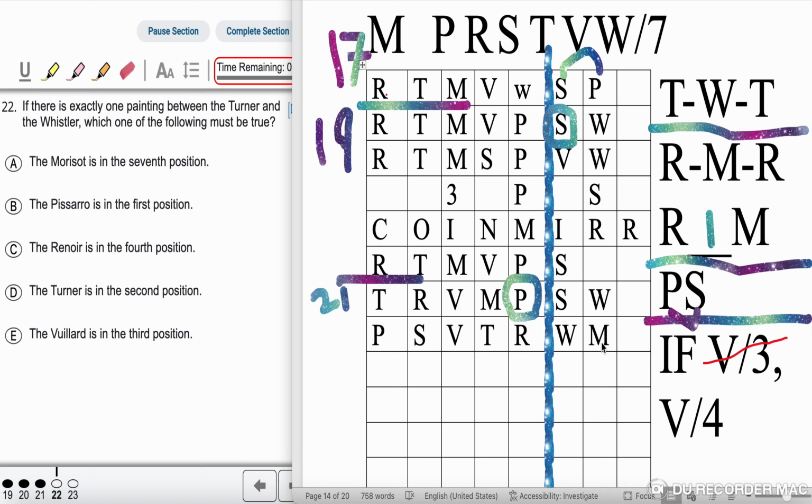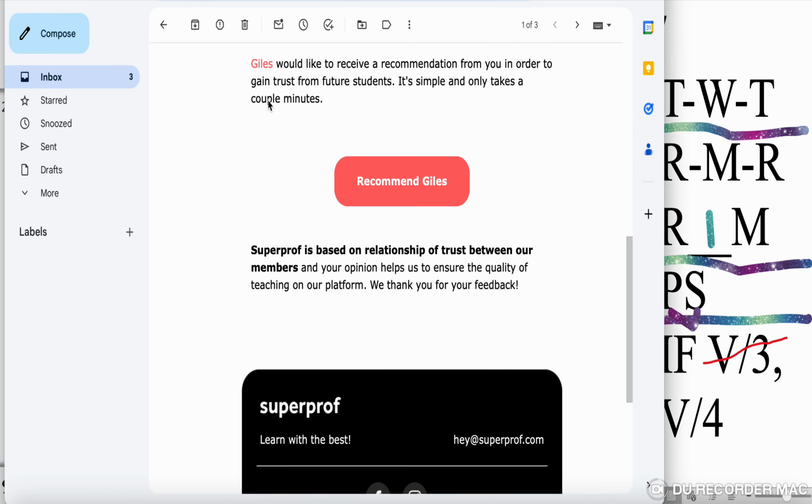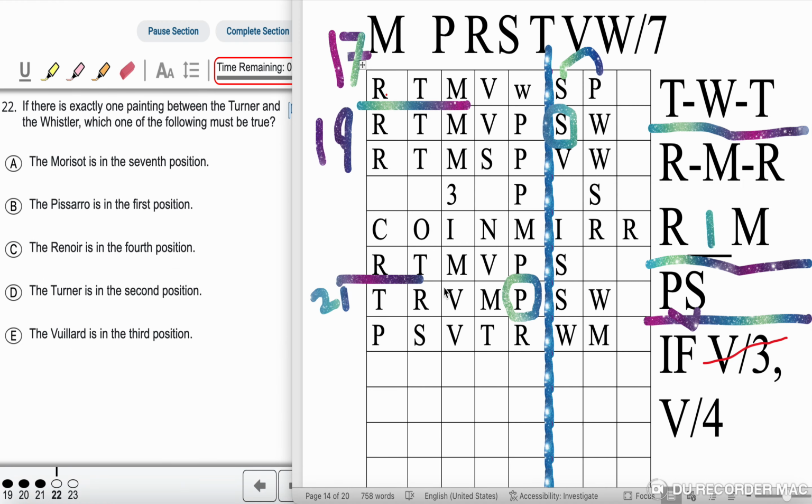Let's see if it must be true. Let's go ahead and verify that information. Make sure that what you considered, no other information, is going to be able to be established.